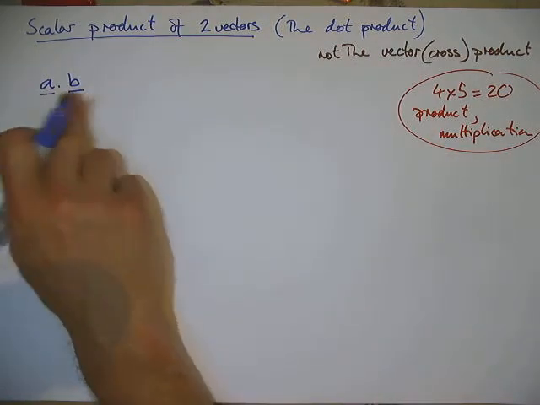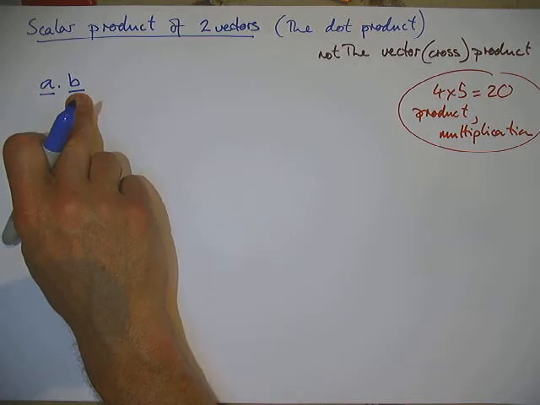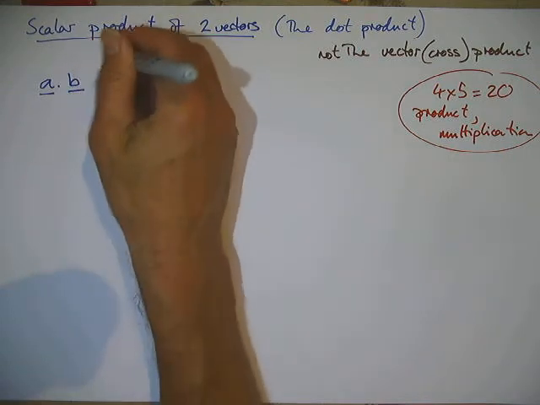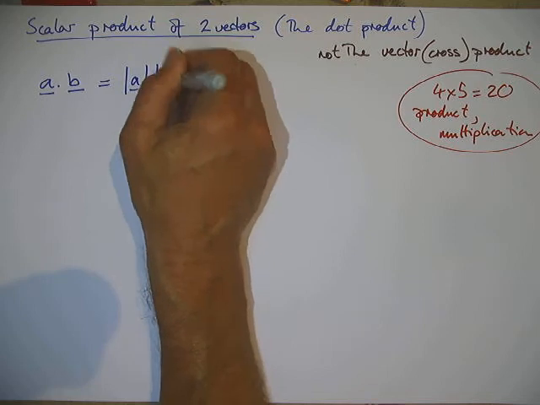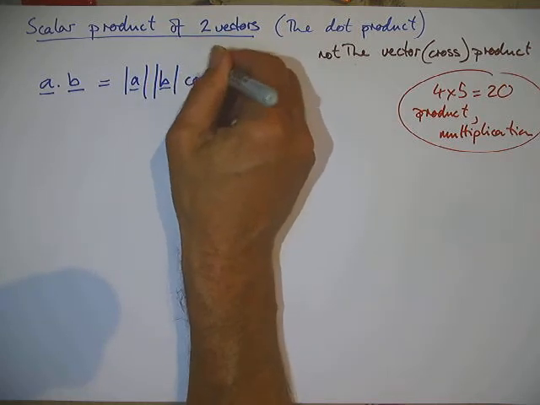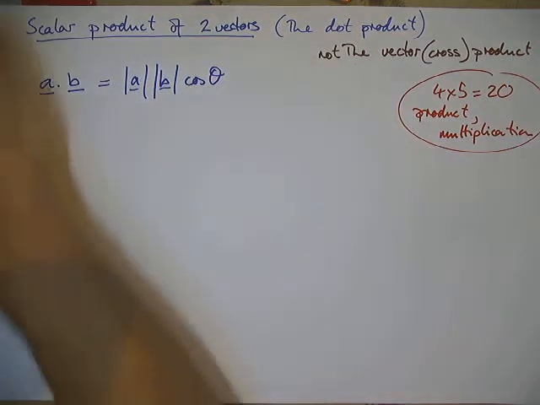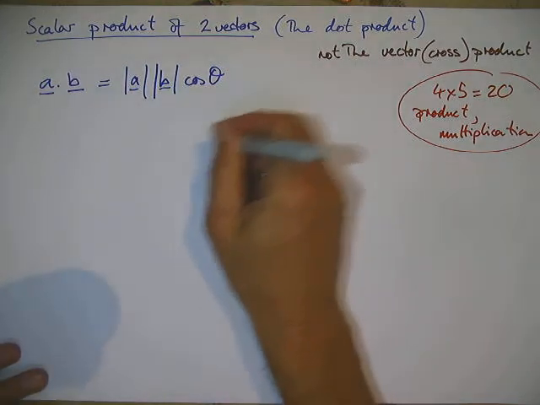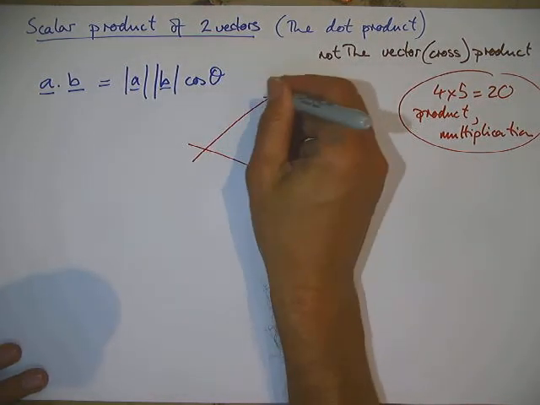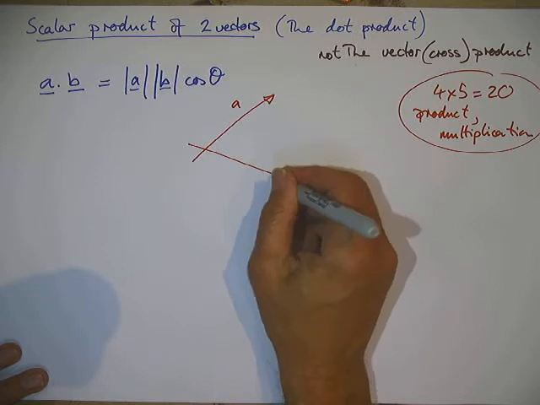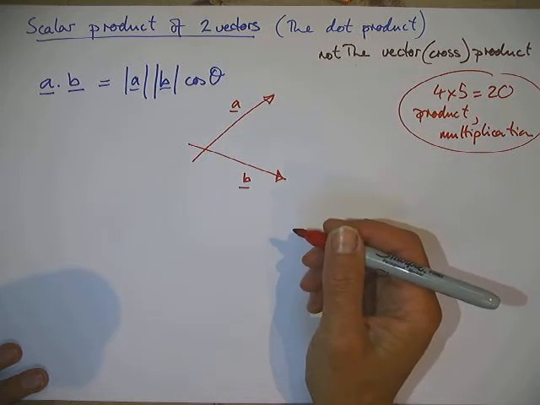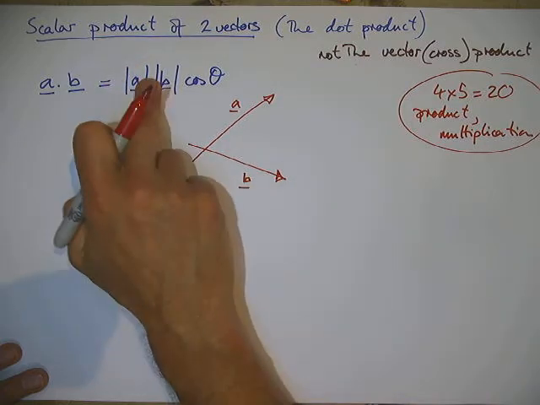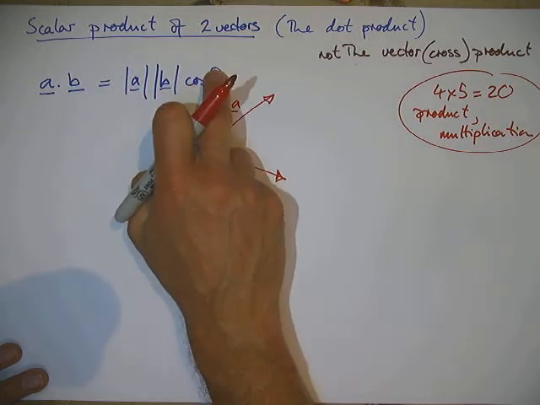So, if you dot two vectors to get the scalar product, the answer is defined as being mod A multiplied by mod B cos theta. If we take two vectors and find the dot product, the answer is a scalar multiplied by a scalar multiplied by a scalar.